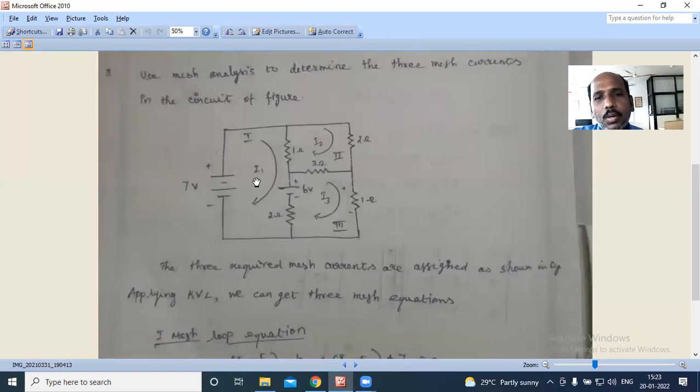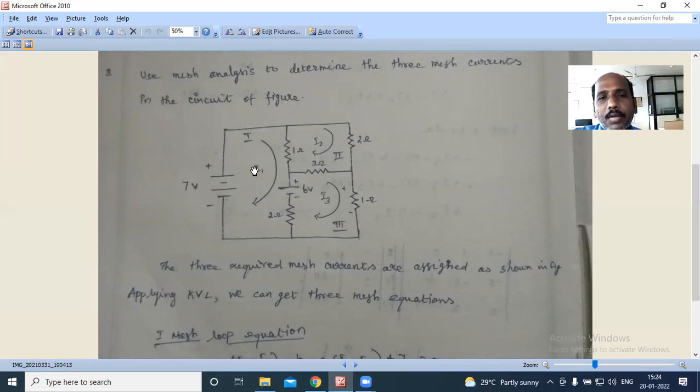I1 is 3 and I2 is 2 ampere. So through the 1 ohm resistor, 3 minus 2, 1 ampere flows in the downward direction. So our assumed direction is correct here.